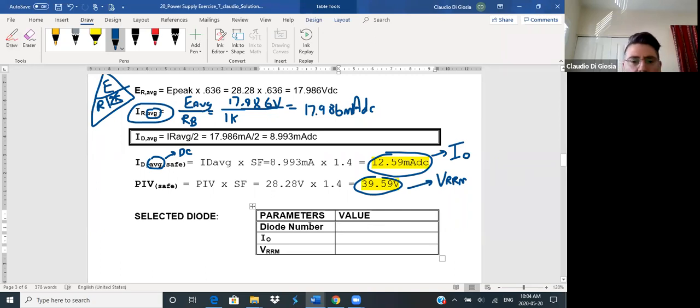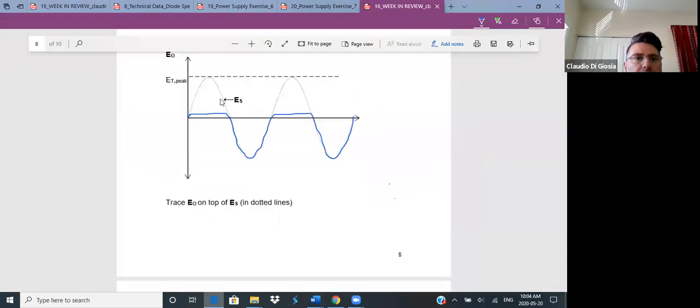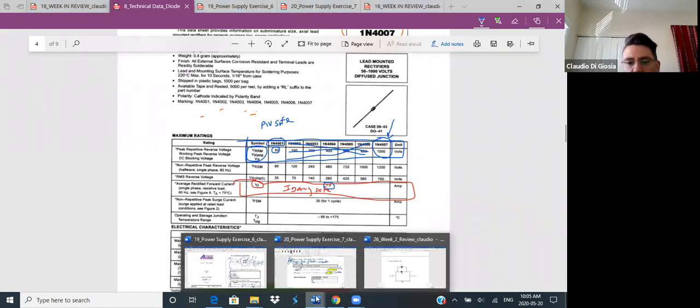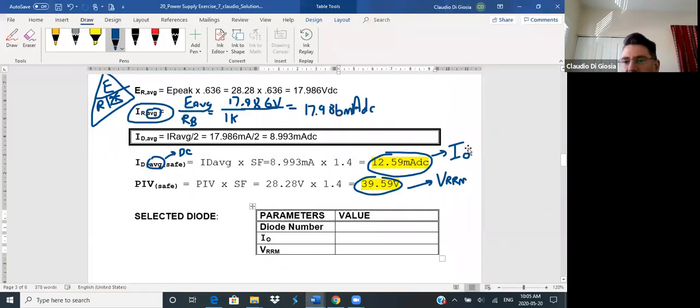To choose a diode, we're going to go to our spec sheets right over here. We went through this a little bit this morning, and it's basically two rows we have to look at, the VRRM and the IO. All of these diodes here are good for 1 amp. How many milliamps are we at here? We're at 12.59 milliamps. As far as the current goes, the IO, it's fine. Now we have to look at VRRM.